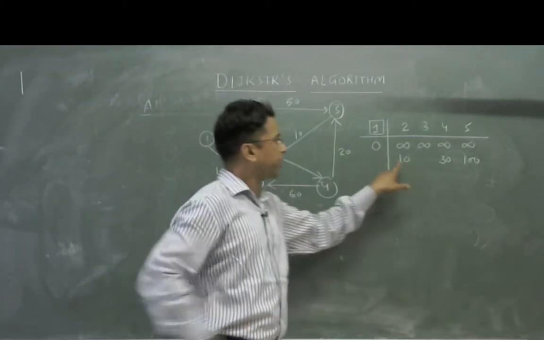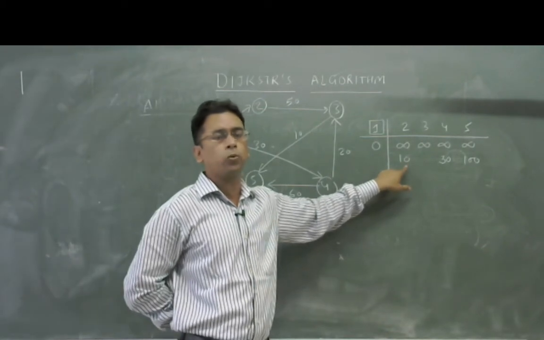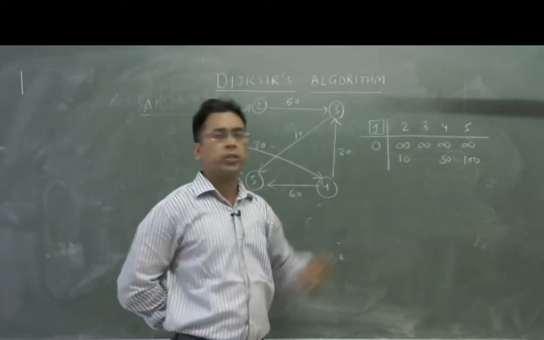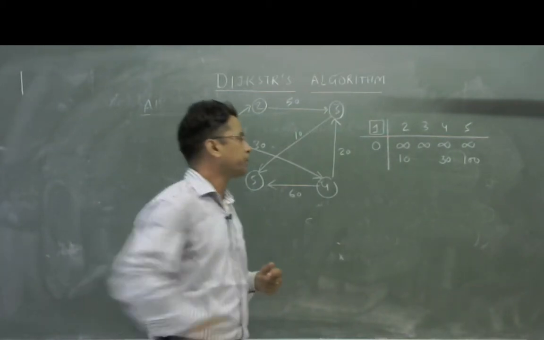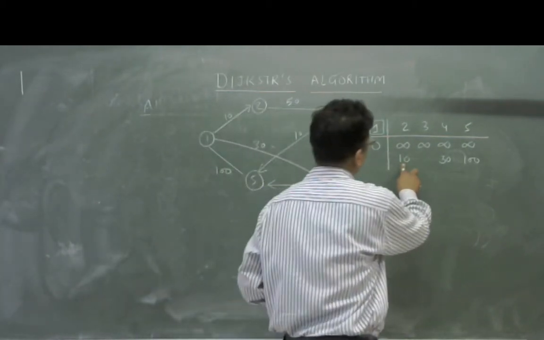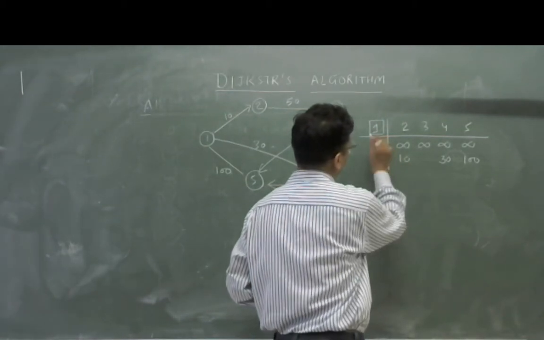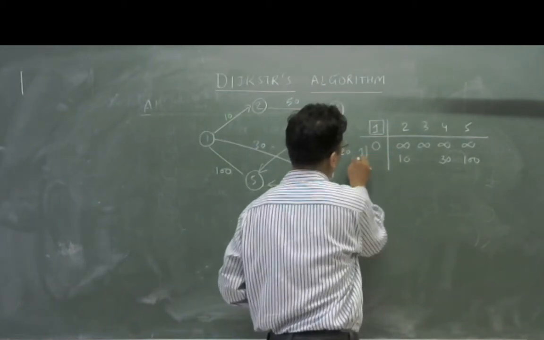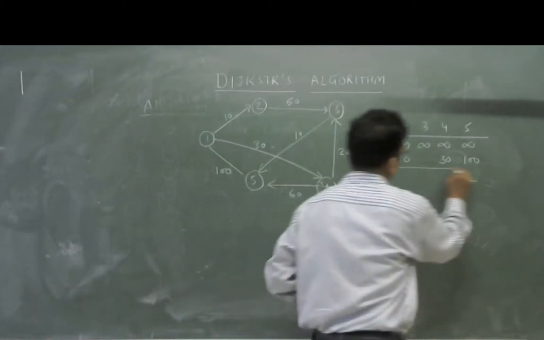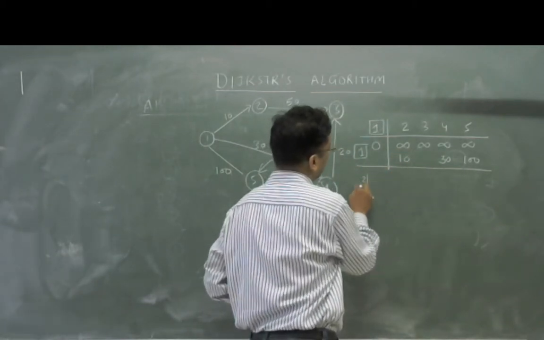So we shall select node number 2 as the next node from which we shall relax the graph if it is possible. We have processed node number 1, right? And after that, among these nodes we shall select node number 2.